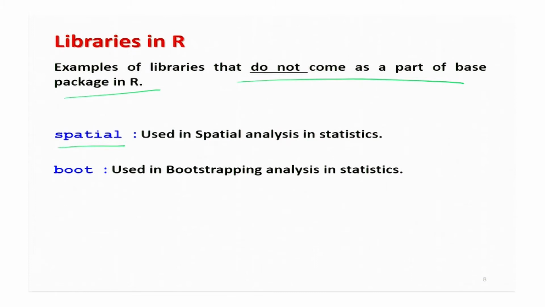Actually, this is a library used for spatial analysis in statistics. And similarly, there is another library, for example, BOOT, BOOT. Actually, this is a library used for bootstrapping methodology in statistics, right.